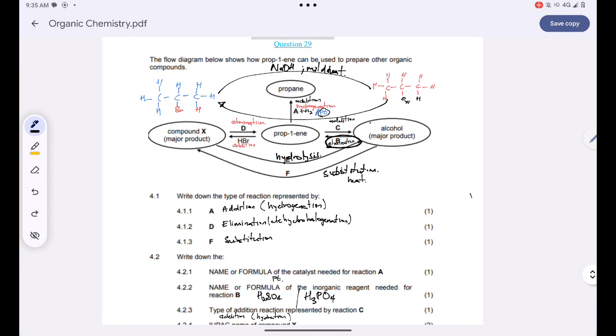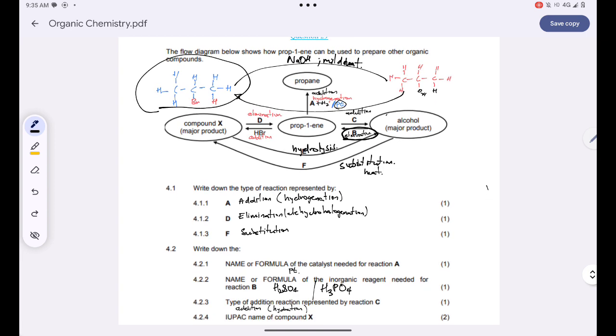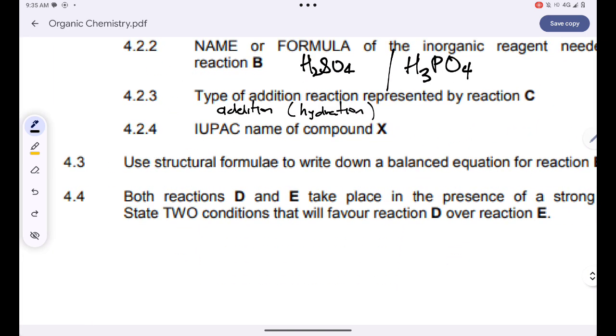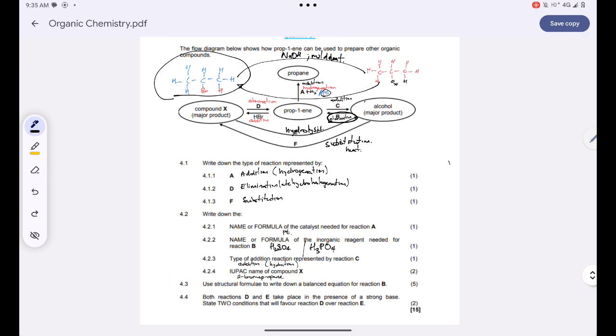The IUPAC name of compound X, we've already drawn the structure of compound X. That would have been 2-bromopropane. And then now we must use structural formula to write down a balanced equation for reaction B. Where's reaction B?